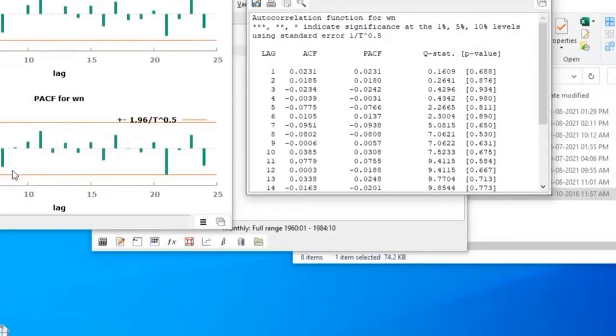Here, none of the autocorrelation coefficients is different from zero statistically. That means we have a white noise. This series represents a white noise because all the autocorrelation coefficients are zero.